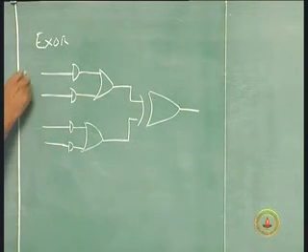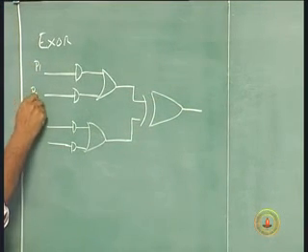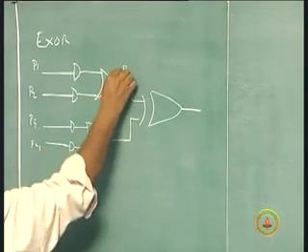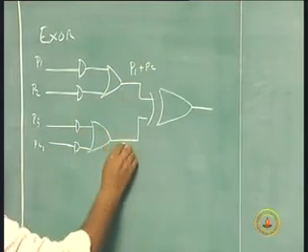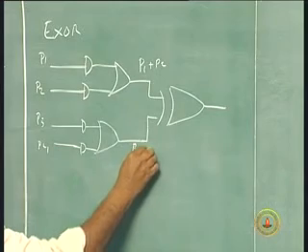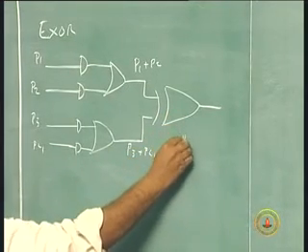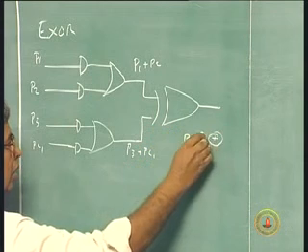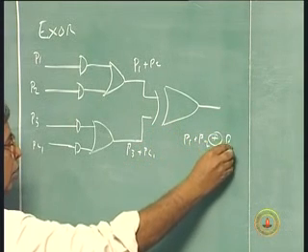So this is P1, P2, P3, P4, this is P1 or P2, P3 or P4, and this is P1, P2 exclusive OR P3, P4.